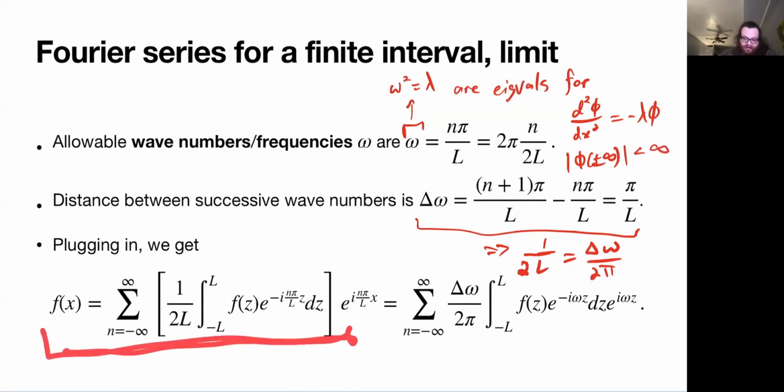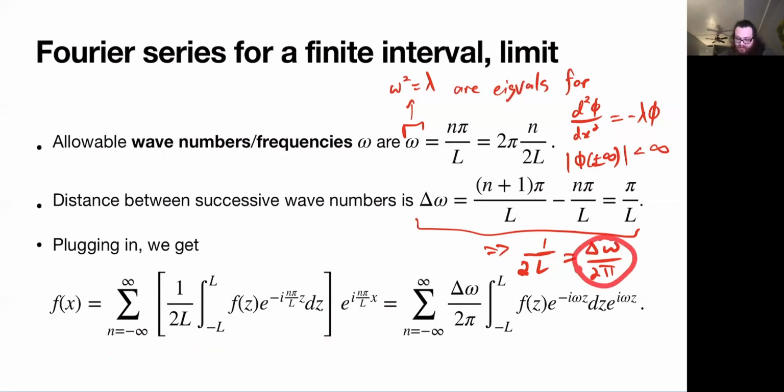So this is the identity that we had in the last slide. This is a Fourier representation formula with complex exponentials. If we plug in this expression for 1 over 2L, we end up with this thing right here.